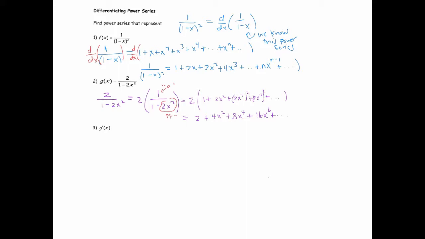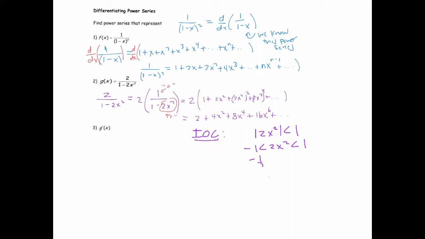So now let's find the interval of convergence for this power series. If you just again follow the structure of the geometric, we want the absolute value of 2x squared to be less than 1, which means we want -1 to be less than 2x squared to be less than 1.